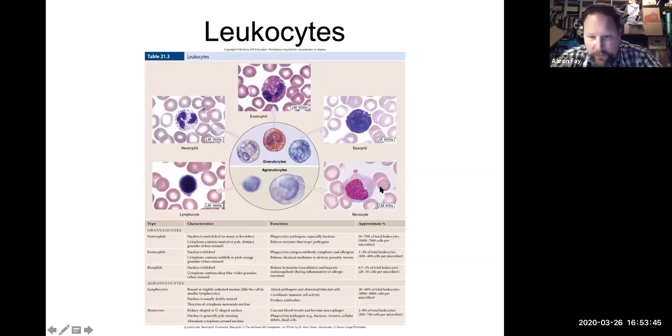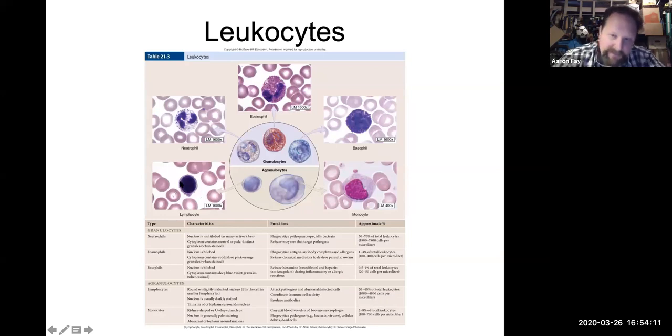Over here, we have what's called a monocyte. Monocytes are really big. They're like 3 times the size of a red blood cell, no granules, and their nucleus looks like a kidney bean, usually. These guys are fairly rare, only about 10% of cells in your blood. And I should point out that the next most common type of leukocyte are your lymphocytes.